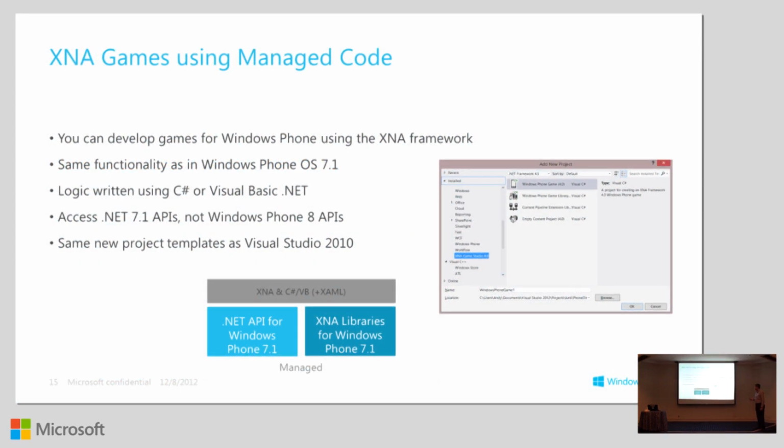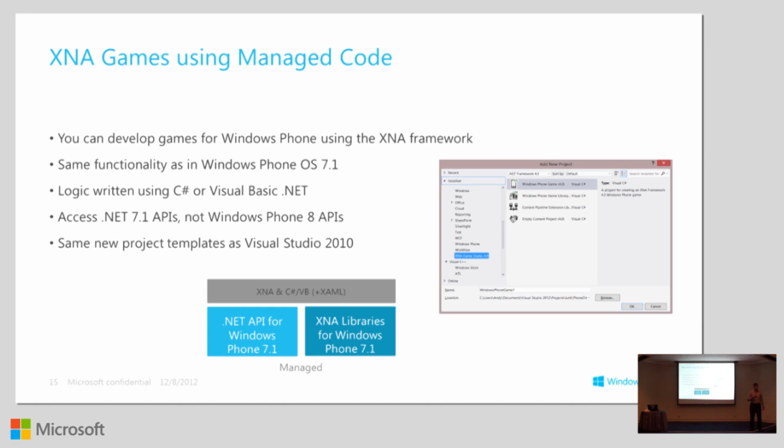Then we have support for XNA games, and this was the only model available at 7.5. You had only XNA. Now, in XNA you do not have a UI, right? So you cannot design your UI in XAML.